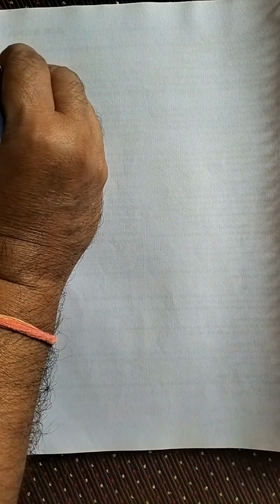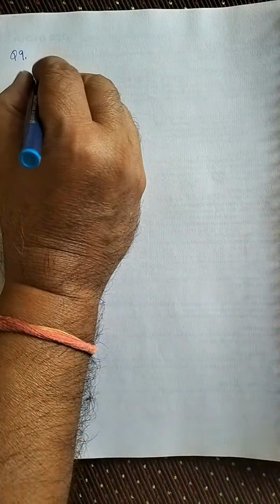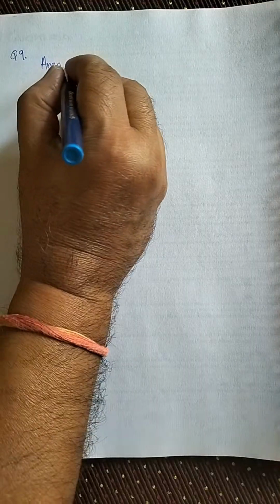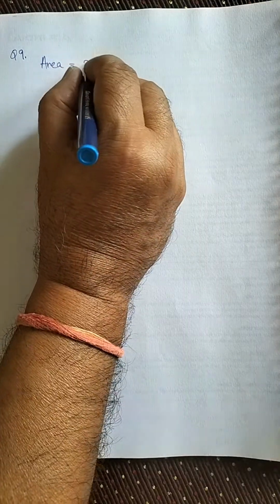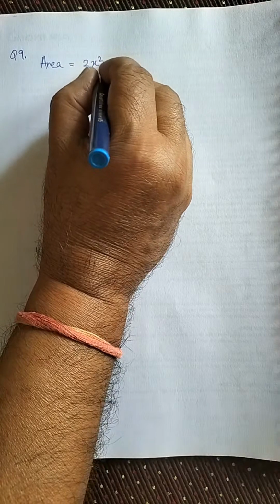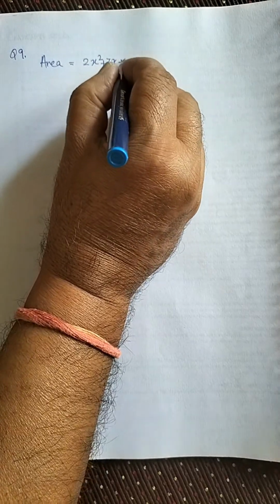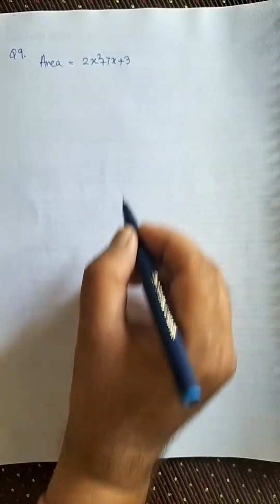Let's come to the next question, question number 9. Now, just look into your books. What it says: a rectangular pool has an area. The area of the pool is given as 2x square plus 7x plus 3 square hastas.